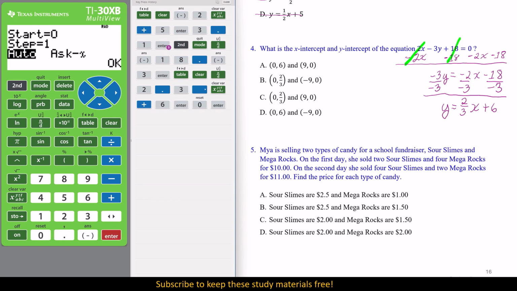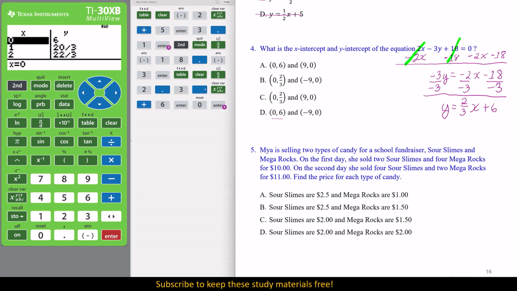And I'm going to leave it in whole numbers right now, going up in steps of 1, because most of my values are in integer form. Okay, so I'm going to keep clicking until I get my list. So I see 0, 6. Okay, well, these are okay. But now let's try 9 and negative 9. I'm going to arrow up to negative 9.